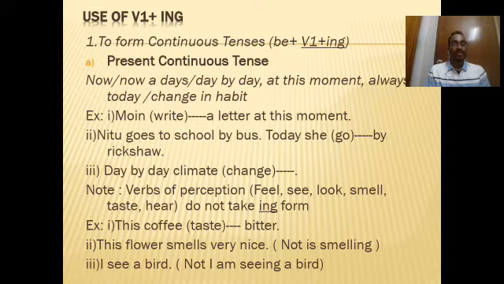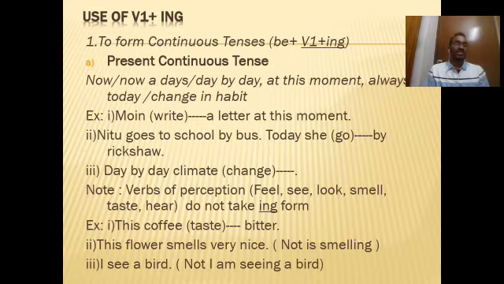Look is also related to our eye. Smell is related to our nose. Taste is related to our tongue. Hear is related to our ear. These verbs are called verbs of perception, and they do not take any ing form.